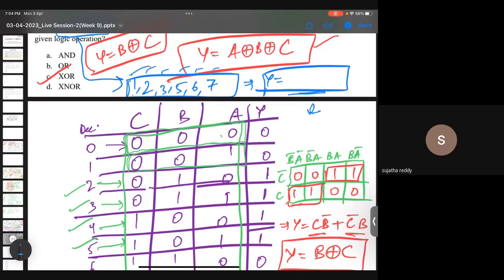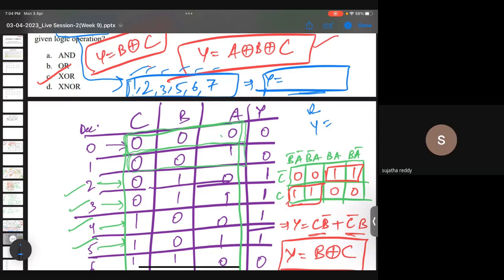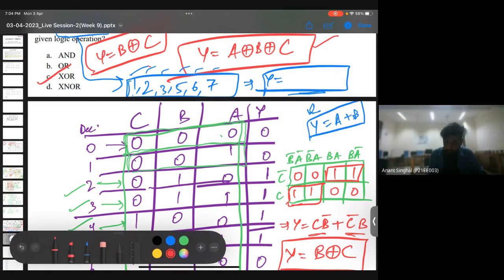OR gate of A and B, sir. Sorry, what are you getting? A OR B, sir. Okay, let me check if it is correct. Yeah, it is the correct answer.